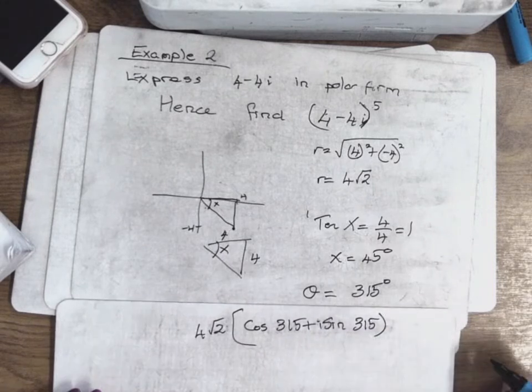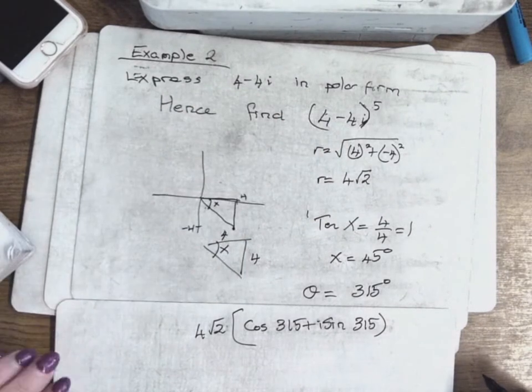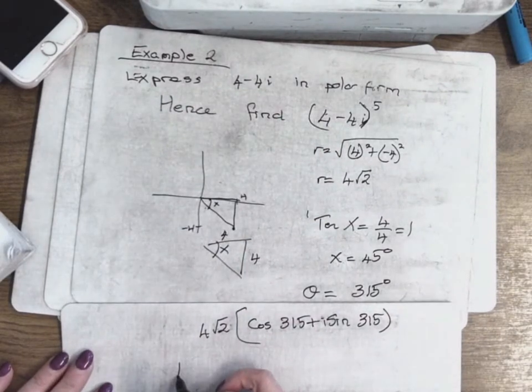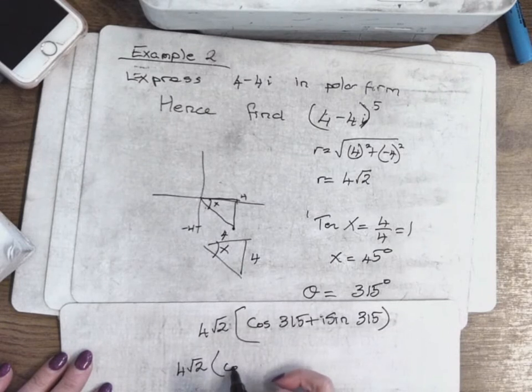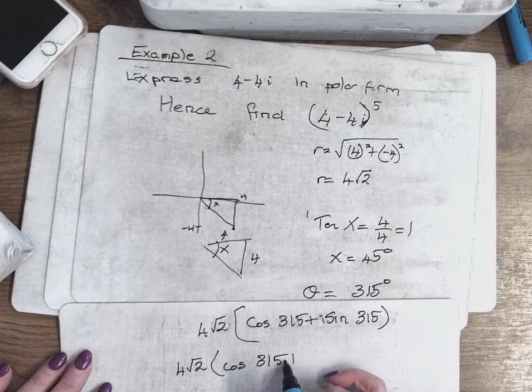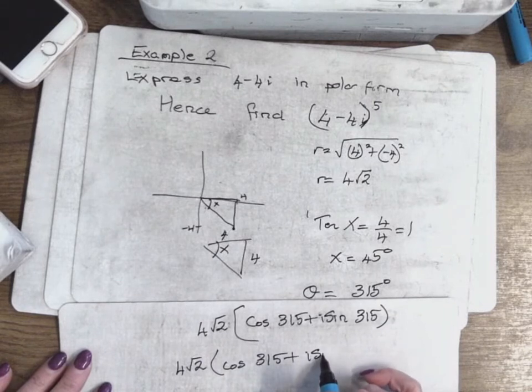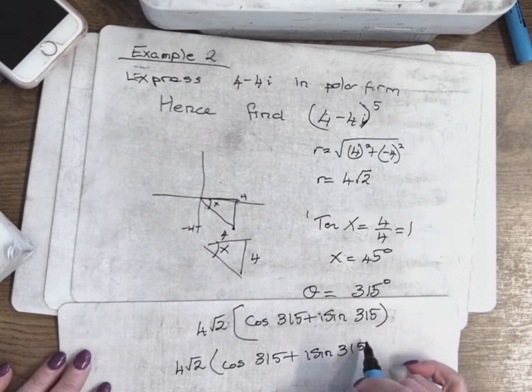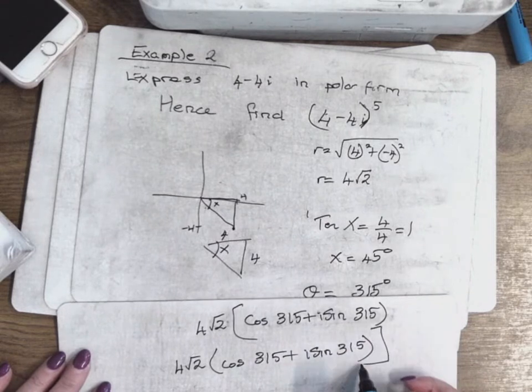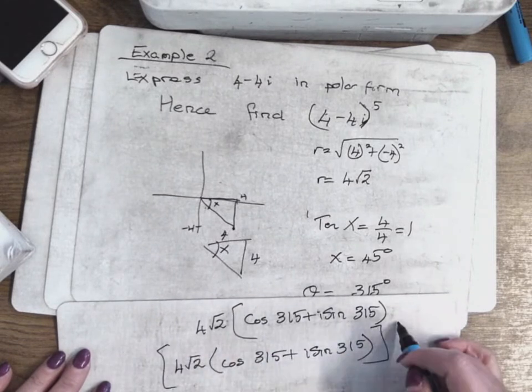Is that okay? So then I need to raise that all to the power of 5. So I have to take my complex number, 4 root 2 times cos of 315, and the plan is to raise that all to the power of 5.